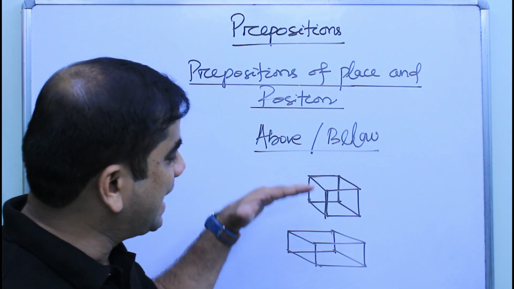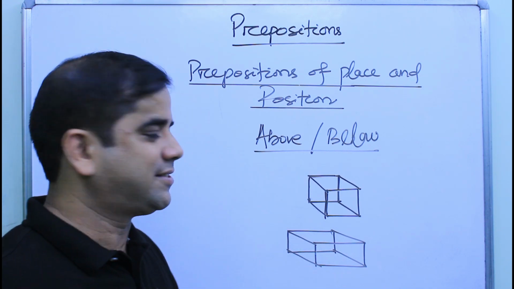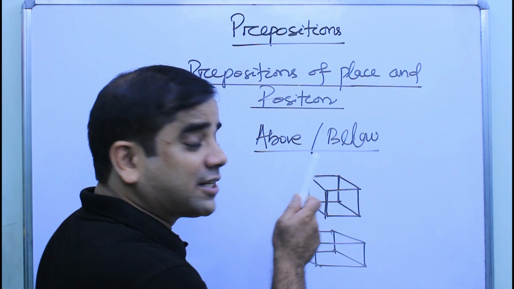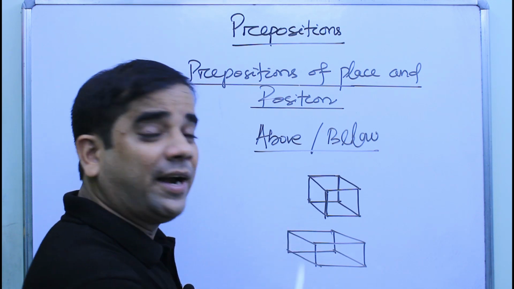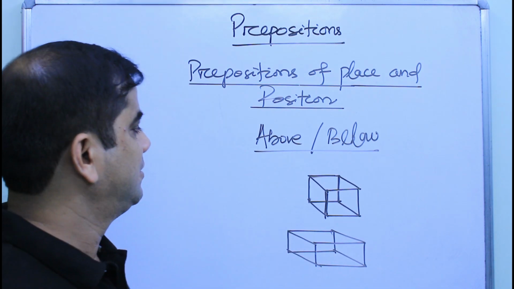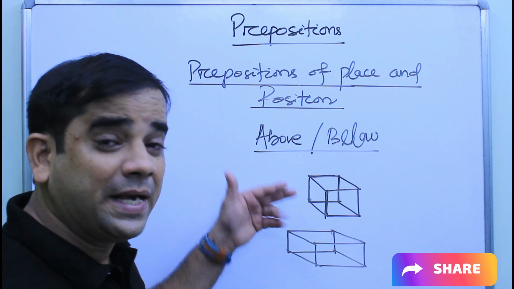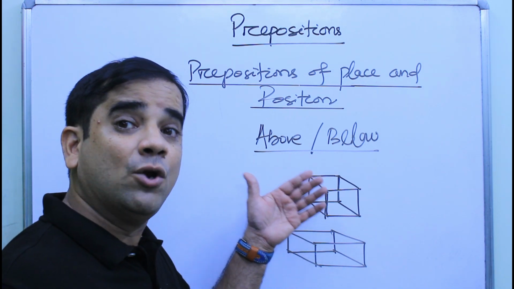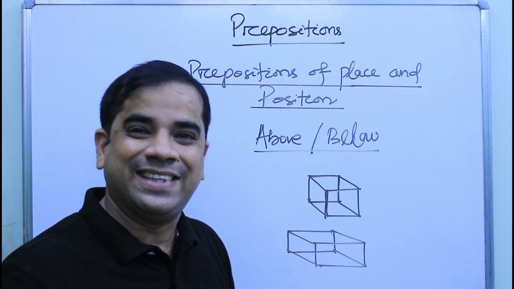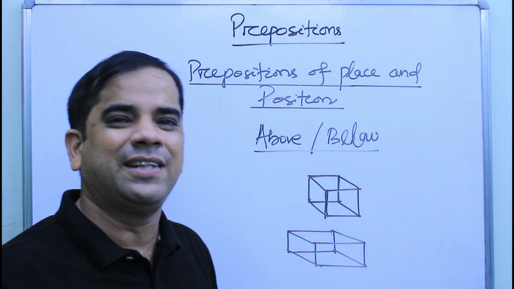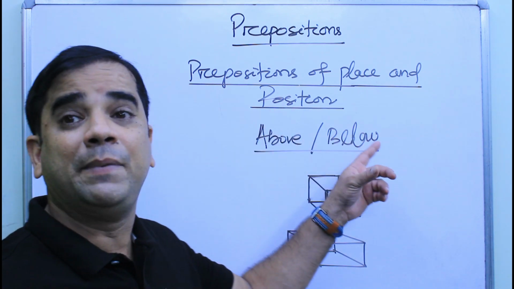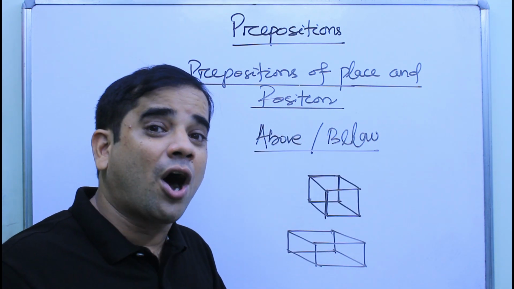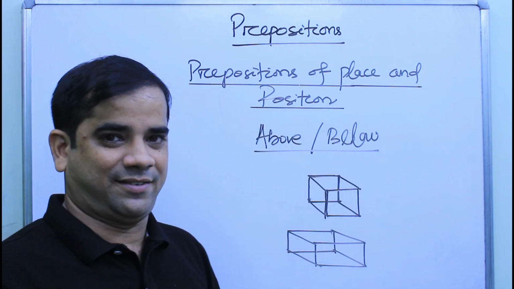They are placed at two different levels. The cube is at a higher level and the cuboid is at a lower level. That means the cube is above the cuboid and the cuboid is below the cube. That is the difference between the use of above and below. They show us different levels.